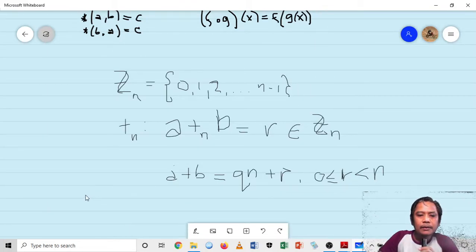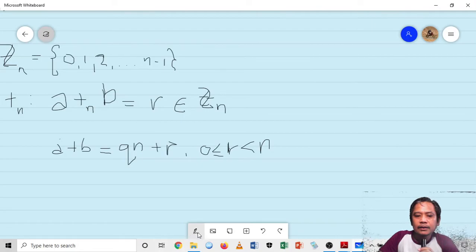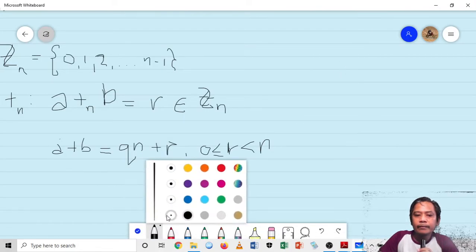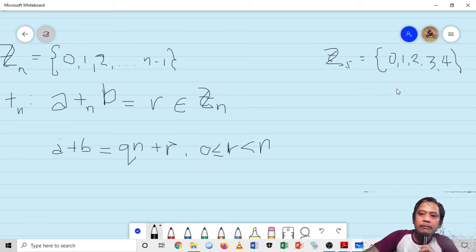As a particular example, let's say Z sub 5. By definition of Z sub n, this would be 0 to 4: 0, 1, 2, 3, 4, which are the possible remainders when we divide a number by 5.